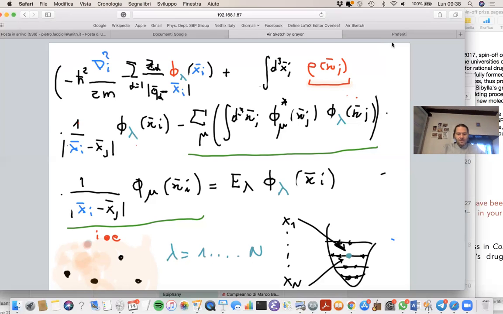It means that to know the wave function of one of the particles in the system in mean field approximation, you have to solve a Schrödinger equation in which you take into account the kinetic energy of this particle, the interaction with the static nucleus as a potential energy, and the interaction with the average charge density produced by all other particles in the system.